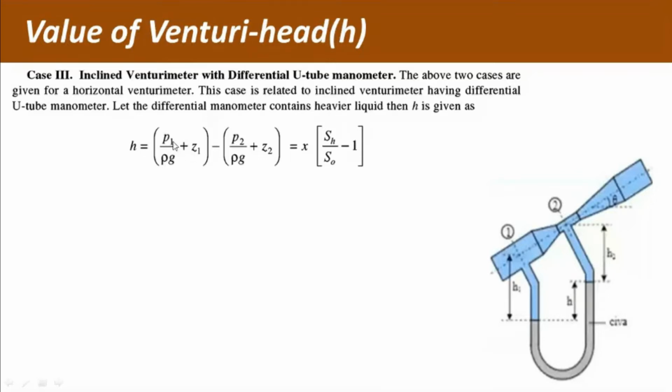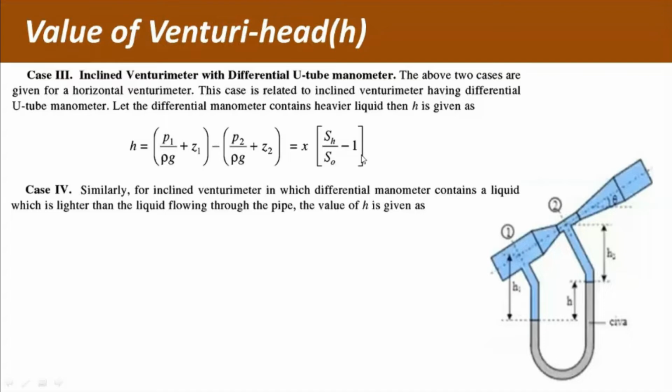Manometric head is nothing but Z1 plus P1 by rho g. This will be the manometric head at section 1, and the manometric head at section 2 will be P2 by rho g plus Z2. So P1 by rho g plus Z1 minus (P2 by rho g plus Z2) equals x into (S of mercury upon S of water minus 1).